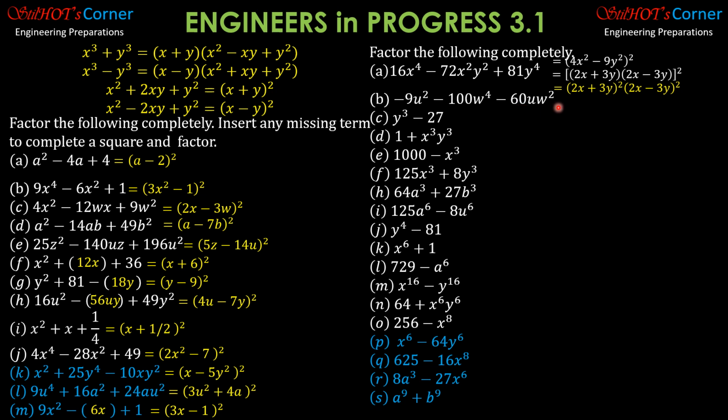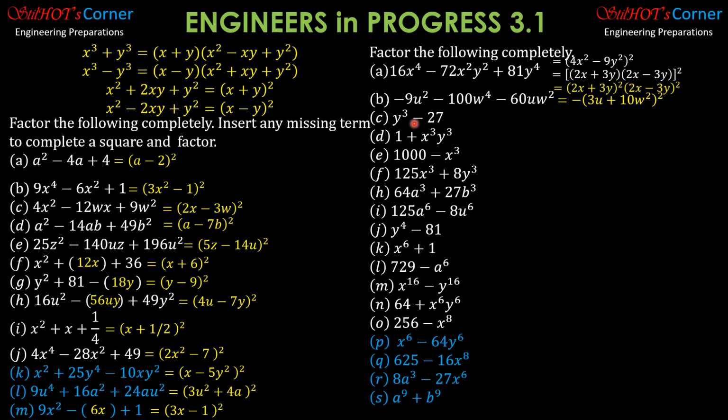Therefore, the complete factored form is −(3u + 10w²)². So that's the complete factored form.